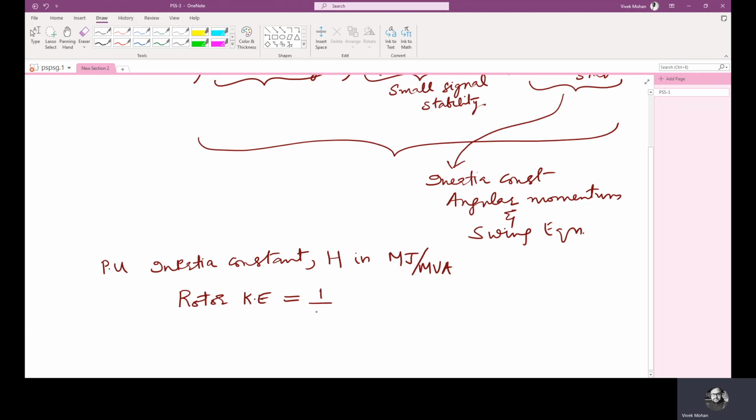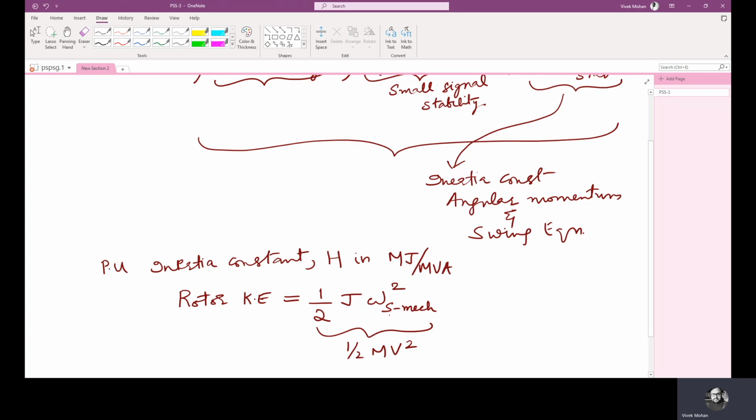So let's see what is rotor kinetic energy. This is equal to half into J into omega_s mechanical squared. This s denotes synchronous. This is equivalent to half mv squared in linear motion. As this is a rotational motion, we take rotational speed and moment of inertia of the rotor.